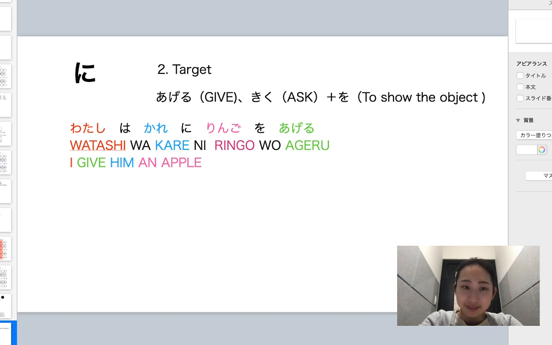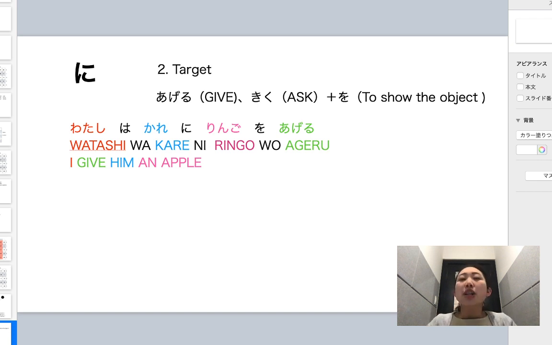Okay, and in English, just place the words in order, and then you can understand who gives what to whom, right?